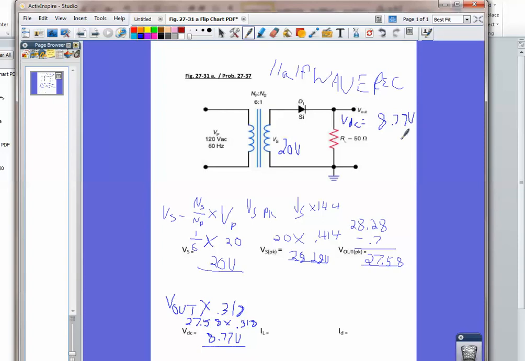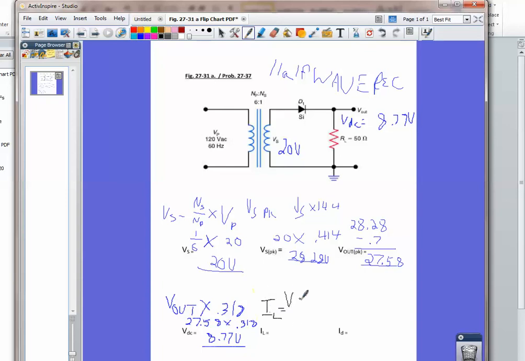Okay, and the next thing we can calculate is the current across that resistor, and we're just going to use our old friend Ohm's law in yet another form. Since we're looking for current, it's IL. L stands for the load, the resistance load. So what is the current across this load?